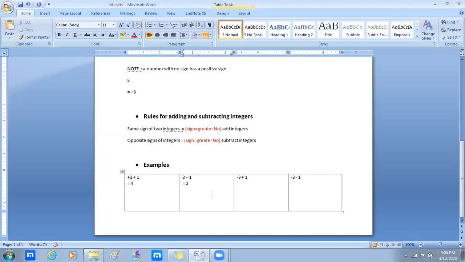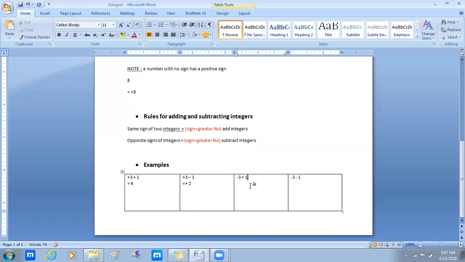By default, its sign will be plus 3 and minus 1. It means both integers have opposite signs. And if the integers have the opposite sign, we are going to subtract them. So 3 minus 1 is 2. And the greater integer here is 3. What is the sign with it? It's plus. So the sign of the answer will be plus.